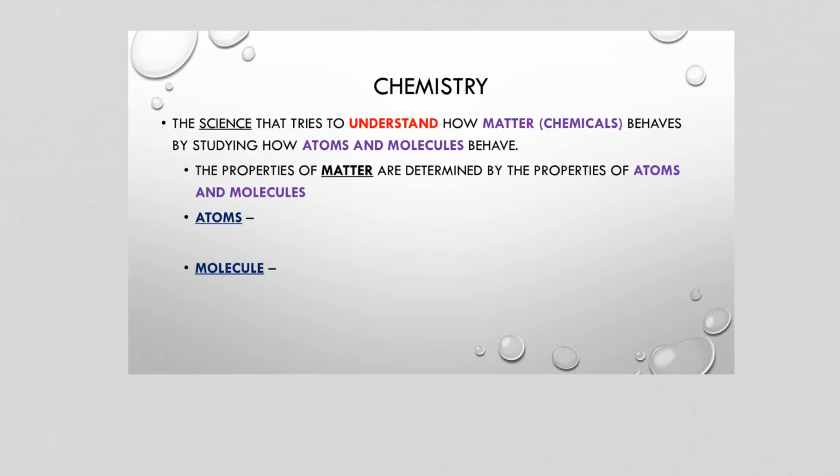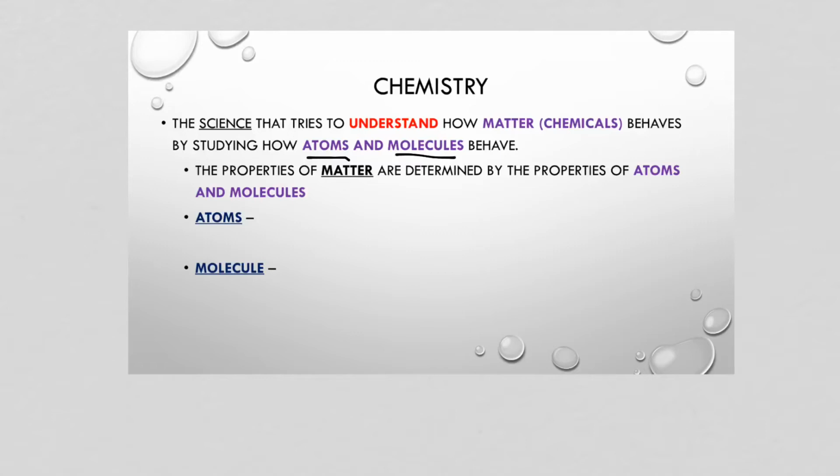So chemistry is, of course, a science, and it's that science that tries to understand how matter, or what we might commonly refer to as chemicals, behave by studying how the atoms and molecules that make up that matter behave.